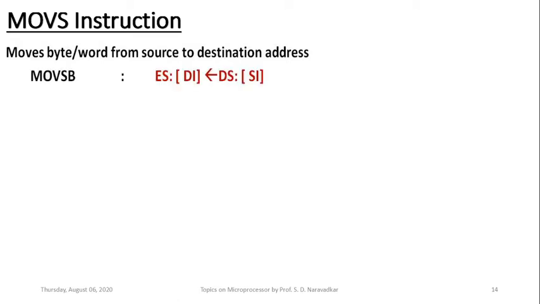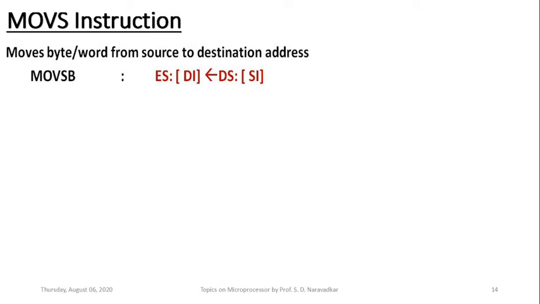So let us see move string byte, the first byte variation. In the case of this move string byte instruction, from the data segment, the offset given by the source index, which is shown on the right side, a byte is read and that byte will be copied to the extra segment offset given by the destination index. You can clearly observe it.